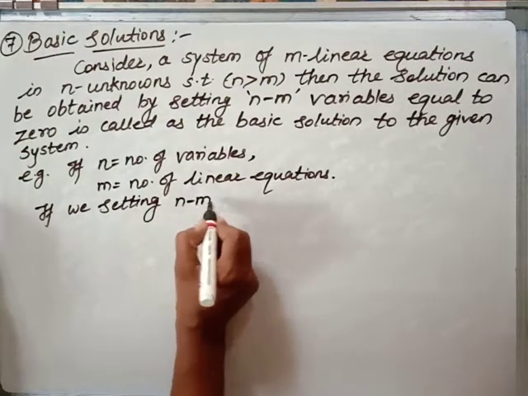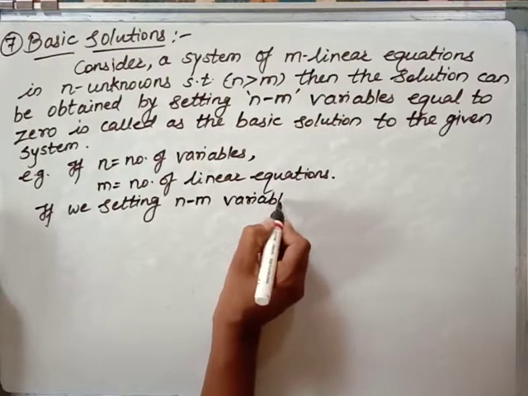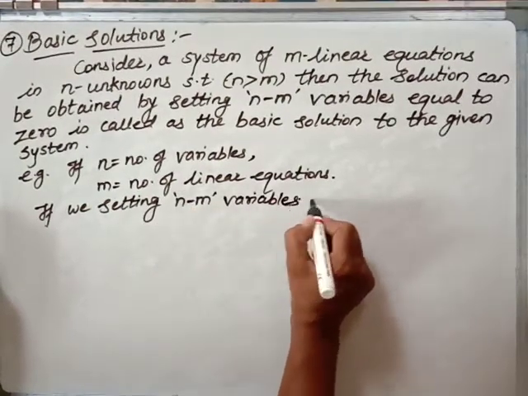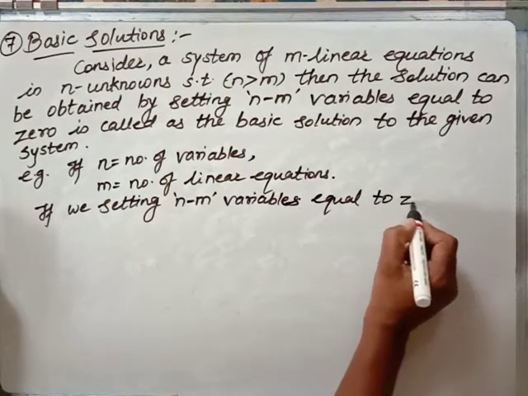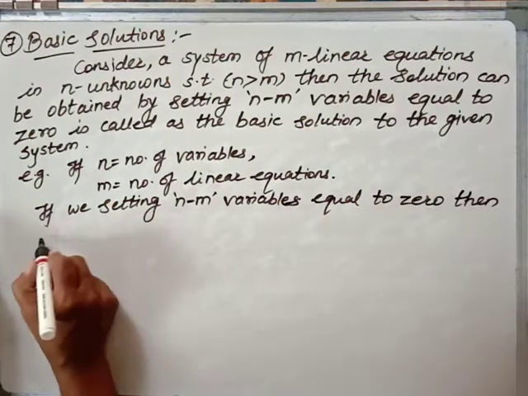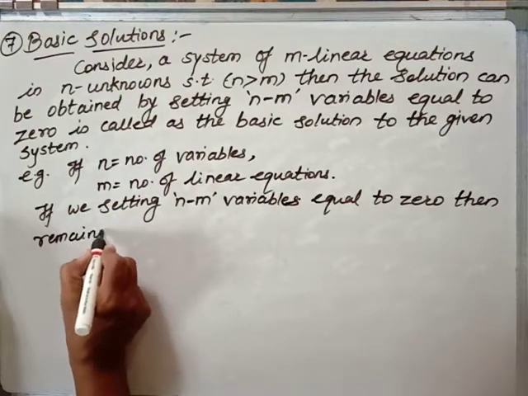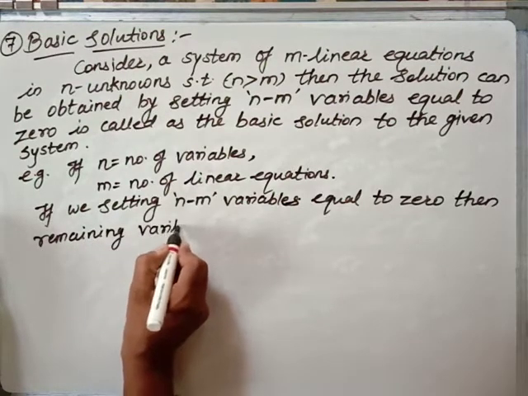If we set n minus m variables equal to 0, then what are the remaining variables?